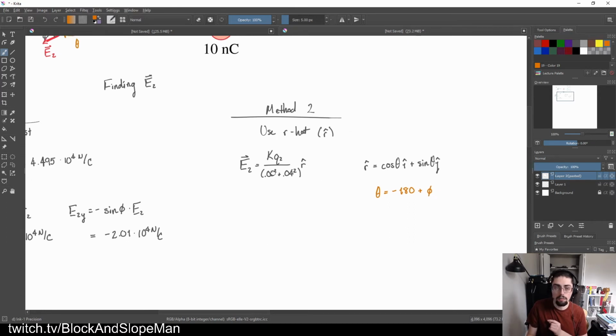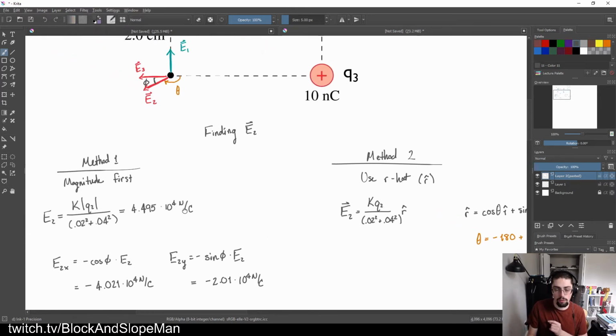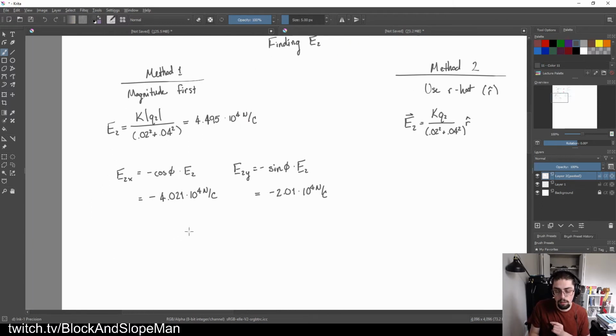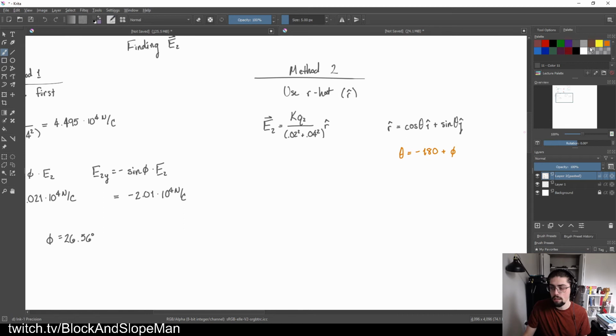Where phi, as I should have listed before over here, phi is, oh, I just had this. Where did it go? 26.56. So that means theta is going to end up being, what is this one? I had this number and I erased it somewhere.